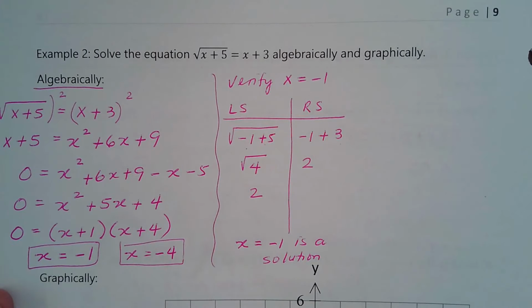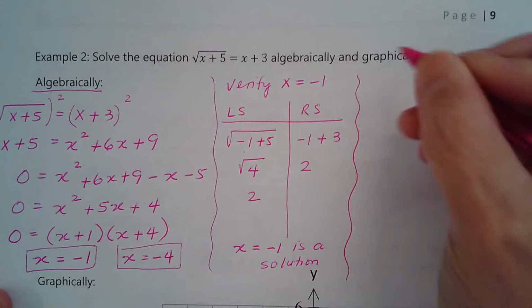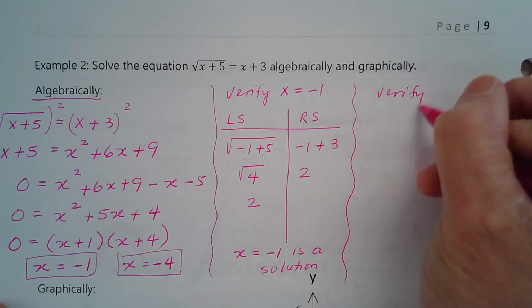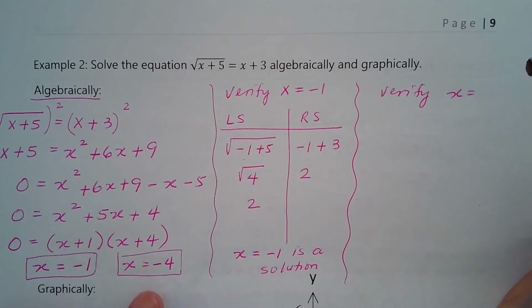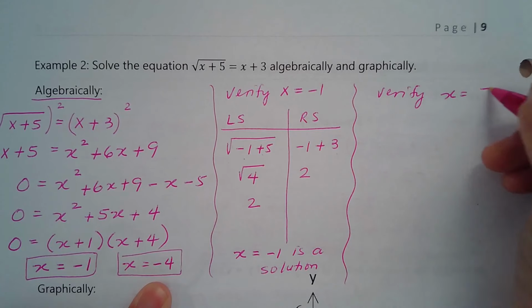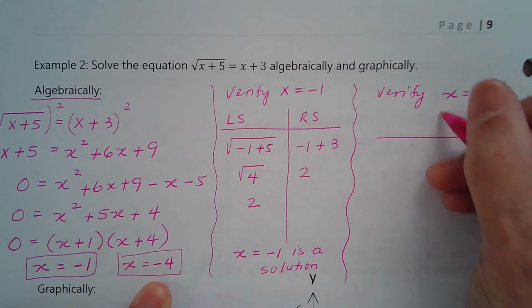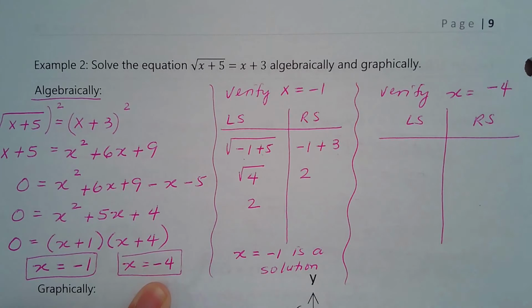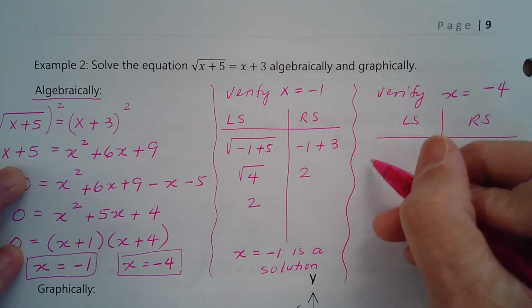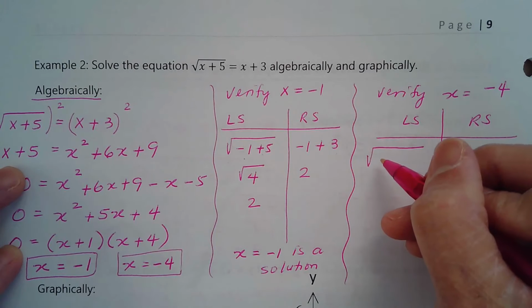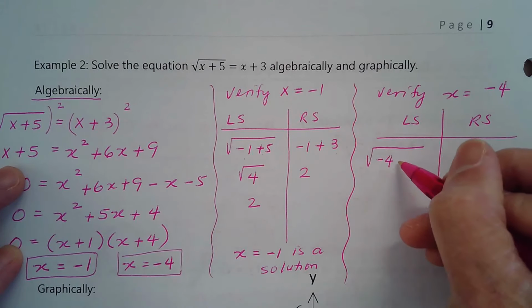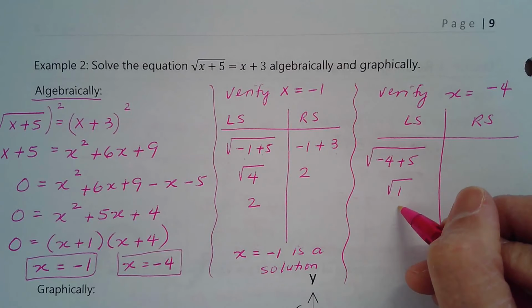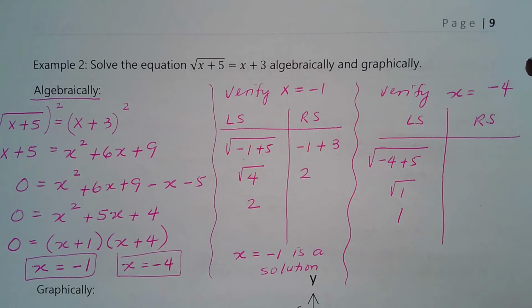Okay? Now we're gonna verify x equals the other one, -4. So you got the left side and then the right side. What does the left side look like? Square root of -4 plus 5. Okay, that's gonna give us square root of 1, and square root of 1 is 1. Yeah, that one's pretty good.